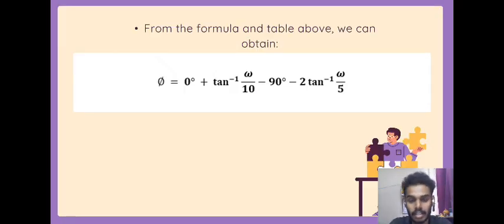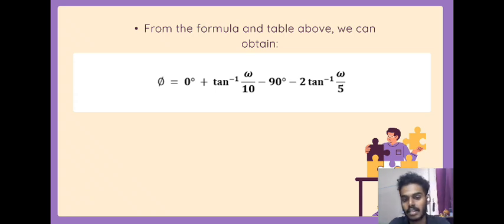So this is the last expression we get by combining all the components. We get the phase equation, which is theta equals 0 degrees plus tangent inverse of omega over 10, then minus 90 degrees, and minus 2 tangent inverse of omega over 5. Let's break this down. The first 0 is from our constant.